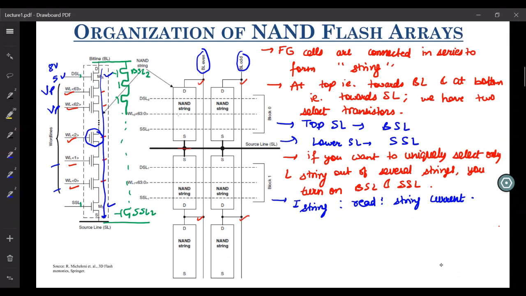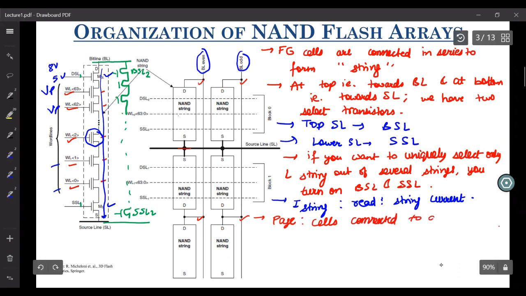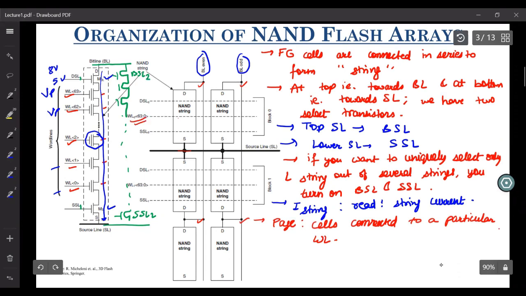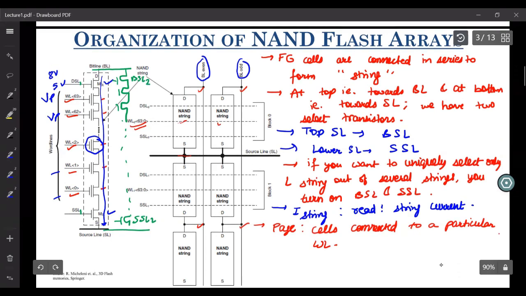Now there are several terminologies which are inherent to flash, such as page. So let me just write about page. What exactly is a page? A page is a collection of all cells connected to a particular word line. Here you see that this word line 63 goes through this string, it also goes through this string, and will go through several such strings.